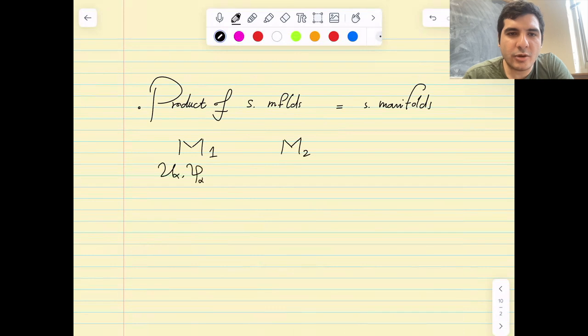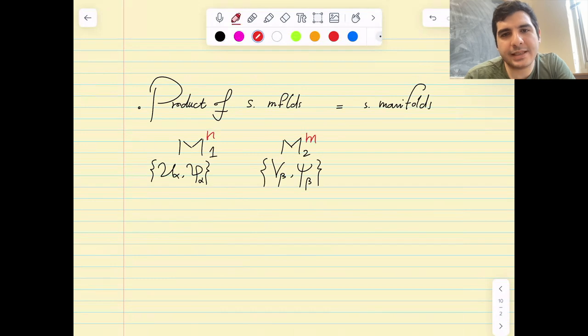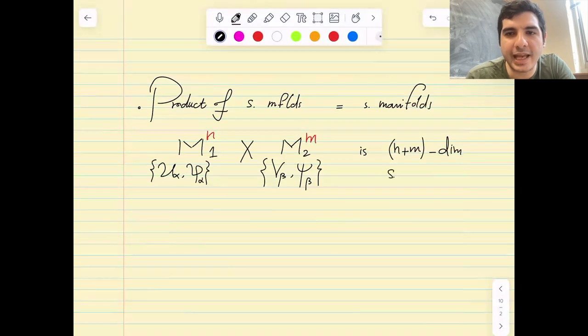M1 has some open sets U alpha and some maps phi alpha. M2 has some open sets V beta and maps psi beta. Let's say M1 is n-dimensional and M2 is m-dimensional. The claim is that the product would have a manifold structure, which would be n plus m dimensional.